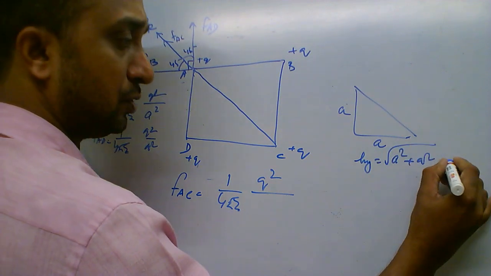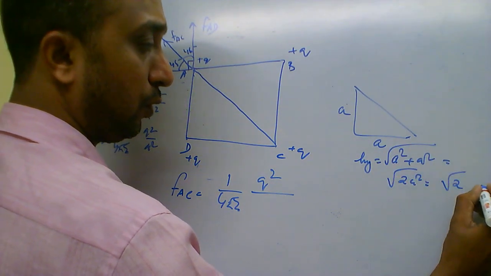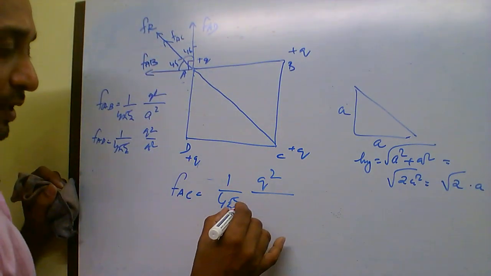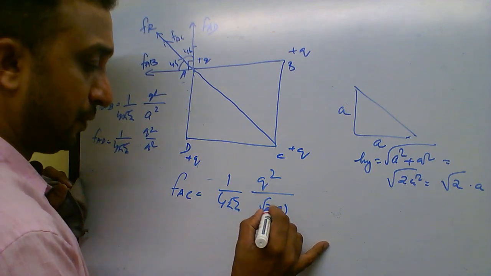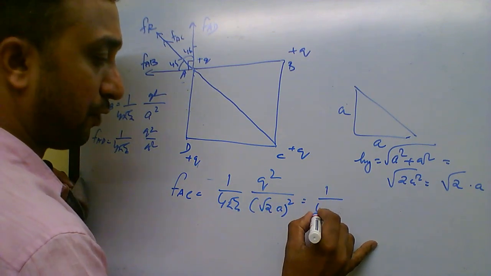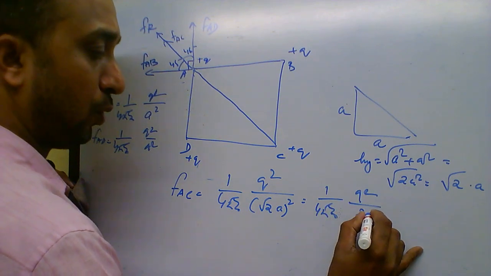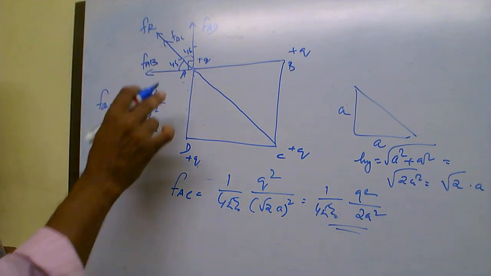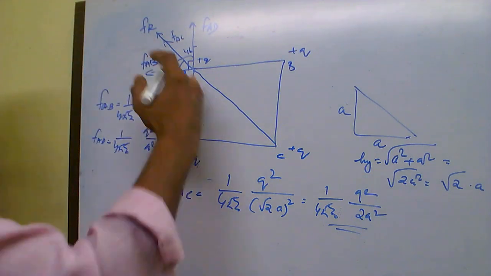So you have root of 2A squared, or root 2 times A as the hypotenuse. Now in place of R you can write root 2 times A, its square. So you have 1 by 4 pi epsilon 0 Q squared by 2A squared as the force on A due to the charge at C. So which all forces are acting along the diagonal?